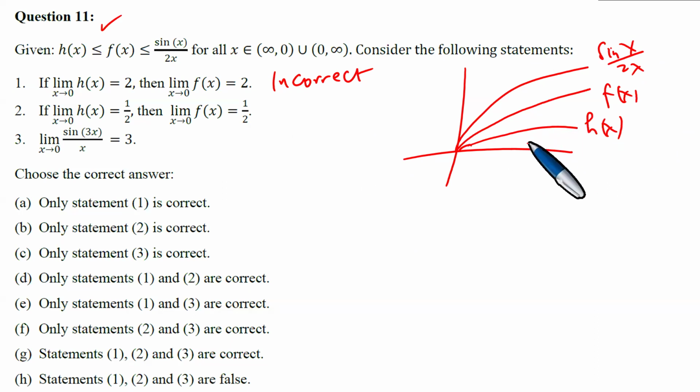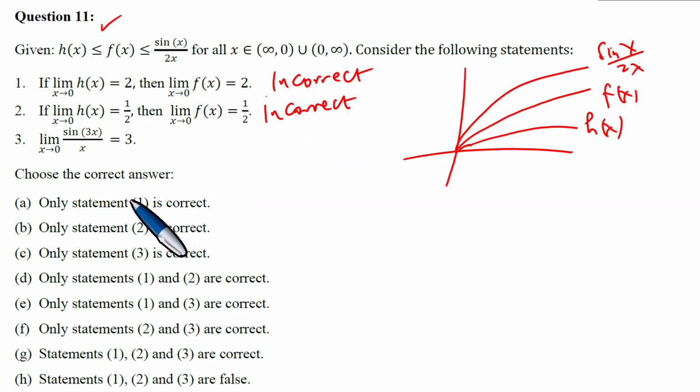So at this point, you are able to observe that if the limit of this is 2, it does not mean that this is actually 2. Now, in the second case, if the limit of h is 1/2, then it would mean the limit of f(x) is also 1/2. So that will also be incorrect.